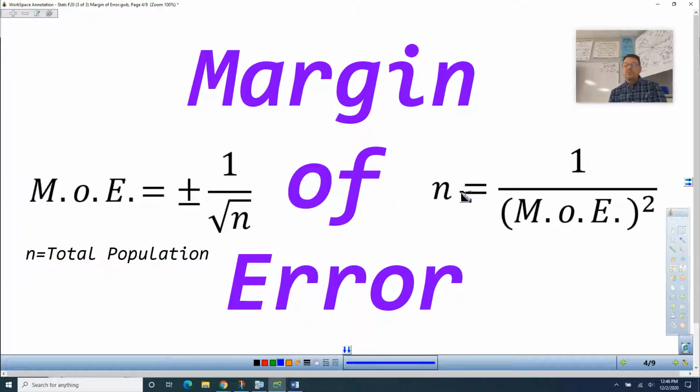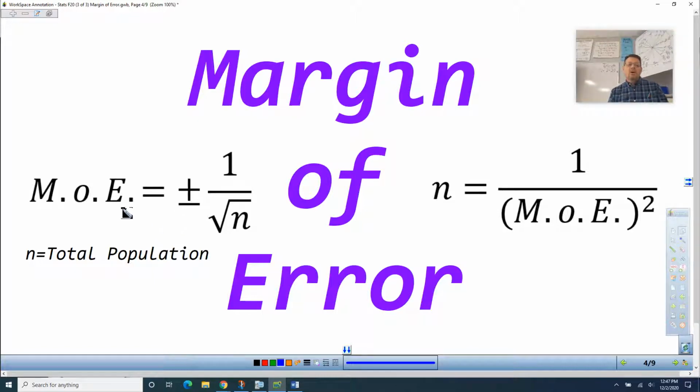It's the same formula, actually, just rearranged. And me personally, the one I memorize is this one because it seems to make more sense. It's the population n equals 1 over MO squared, and I can always figure out the other one from that information. I like to memorize one thing that can work for both. But those are the two versions that we're going to be looking at.